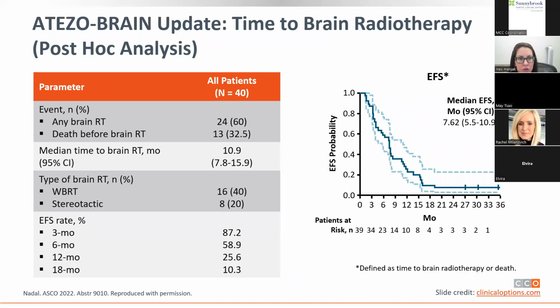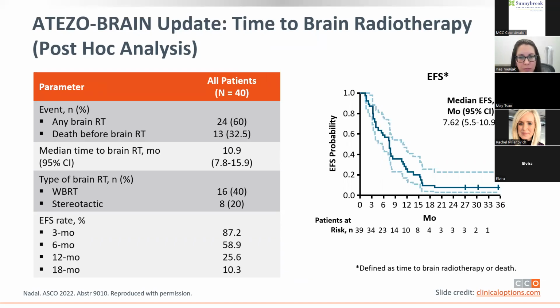This was interesting. So the post-hoc analysis looked at the time to brain radiation. So for this group, any brain radiation was received in 60% of patients. And of those, most of them were actually whole brain radiation.